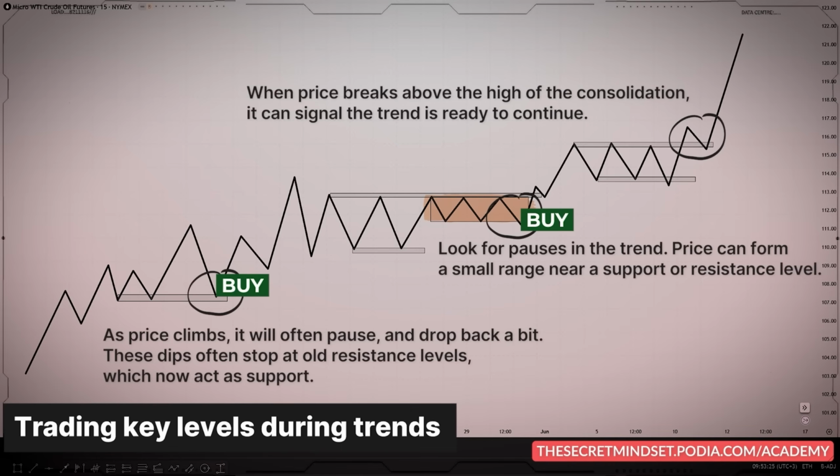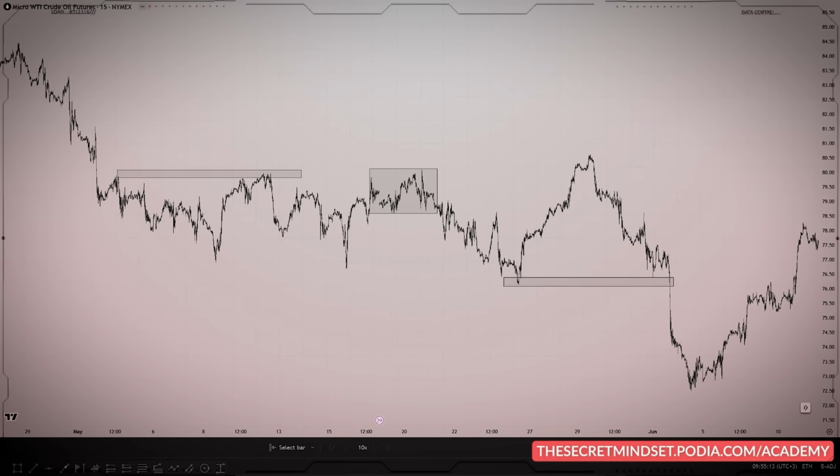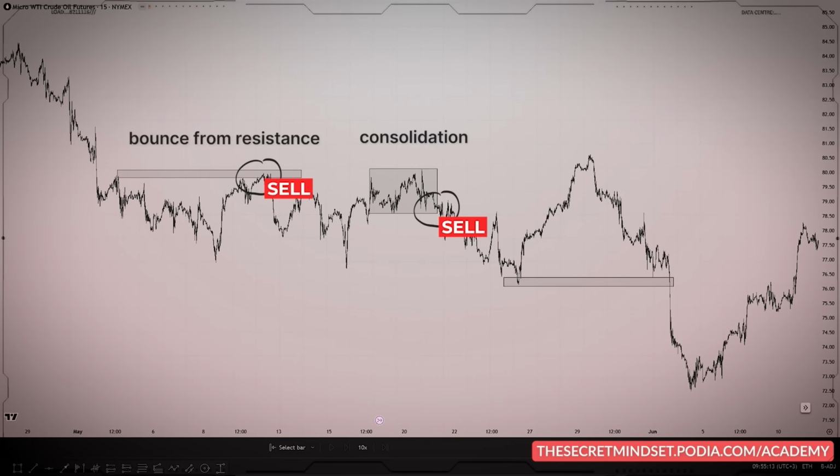Watch for breakouts. When price breaks above the high of the consolidation, it can signal the trend is ready to continue. In a strong downtrend, you'd use the same ideas, but in reverse. Look for bounces from resistance, consolidations, and breakdowns below support.